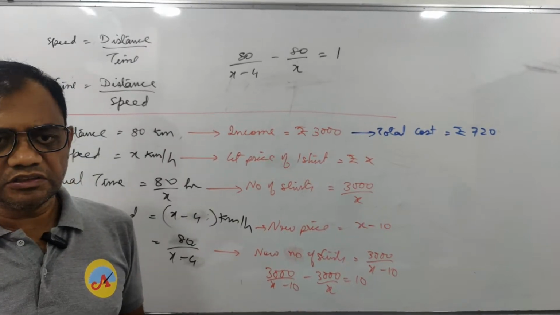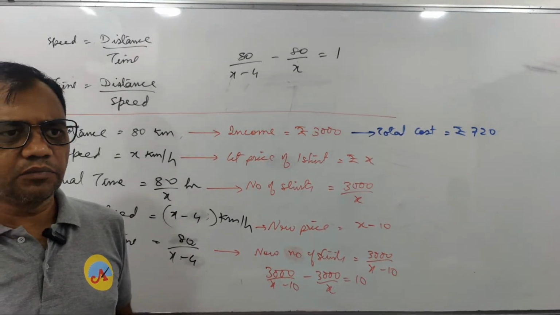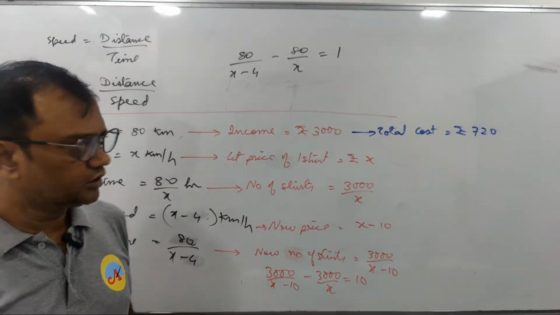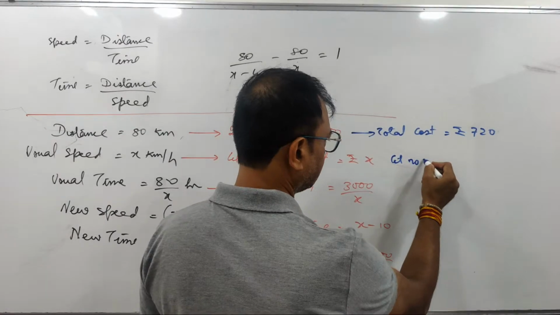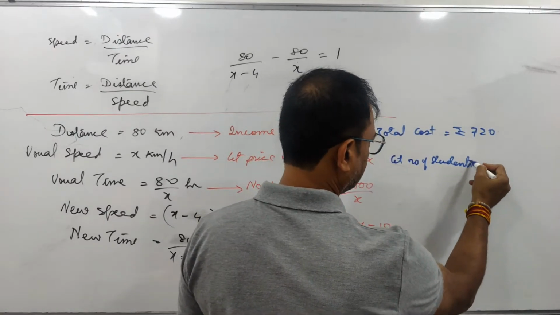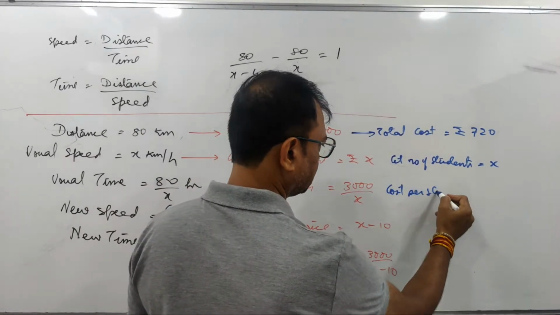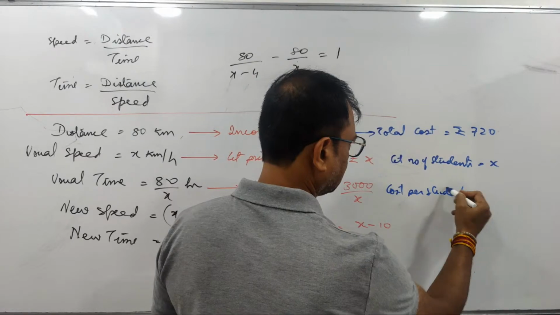So what is changing? The speed means what changes. So here what is changing? Number of students. So let the number of students be x. So what will be the cost per student? 720 upon x.